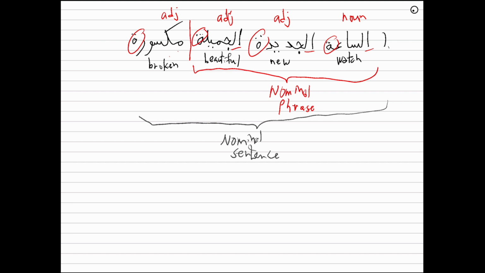But notice it may not share definiteness, but as explained earlier, the gender has to agree. Sa'a is feminine because of this ta marbuta. So obviously all adjectives that describe it have to take on this form.